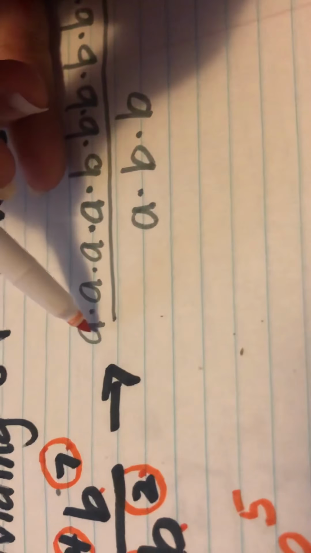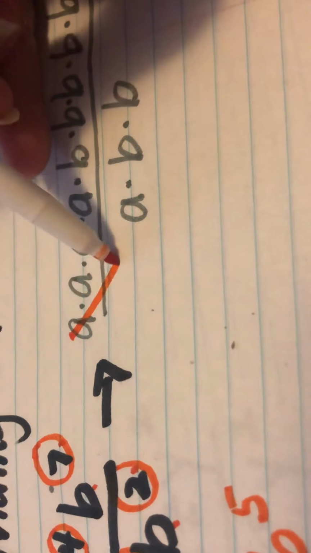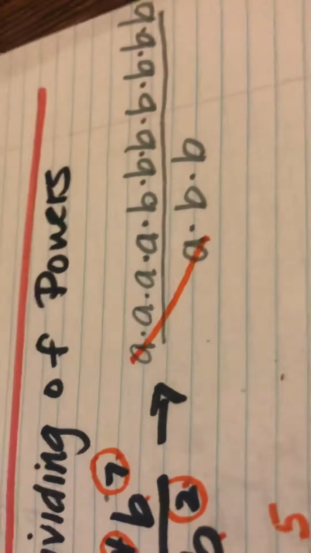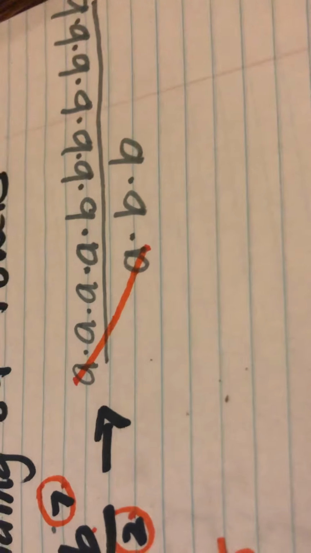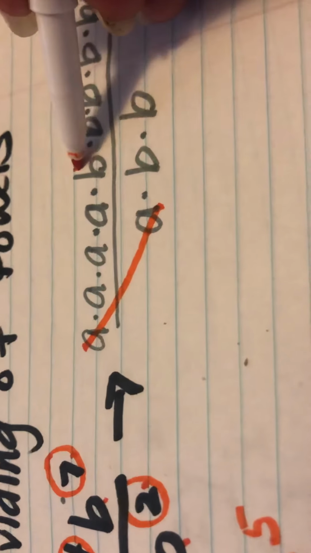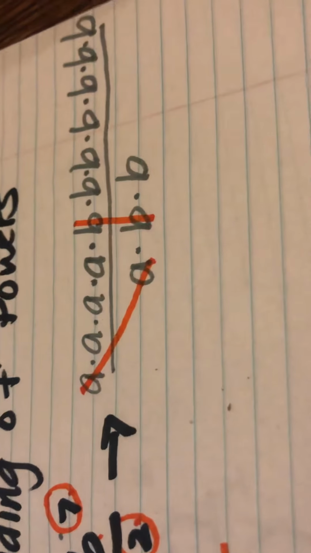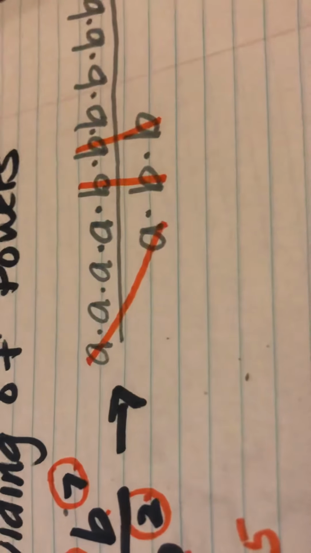So when we divide, what we do is we divide our likes, our sames. So we have a divided by a, which actually would be 1, which cancels it out. And then we have b divided by b, which does the same thing. b divided by b is 1, which cancels it out. And then we do it again here, leaving us with nothing else on the bottom.